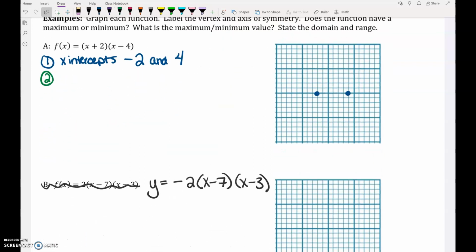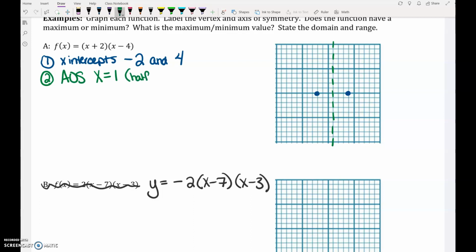So mathematically, we could do -2 + 4, get that answer, divide it by 2, or put one finger on one intercept, put another finger on the other intercept, and count in until your fingers meet. You're finding the middle line in between those two points. So I believe, did you find it to be 1?